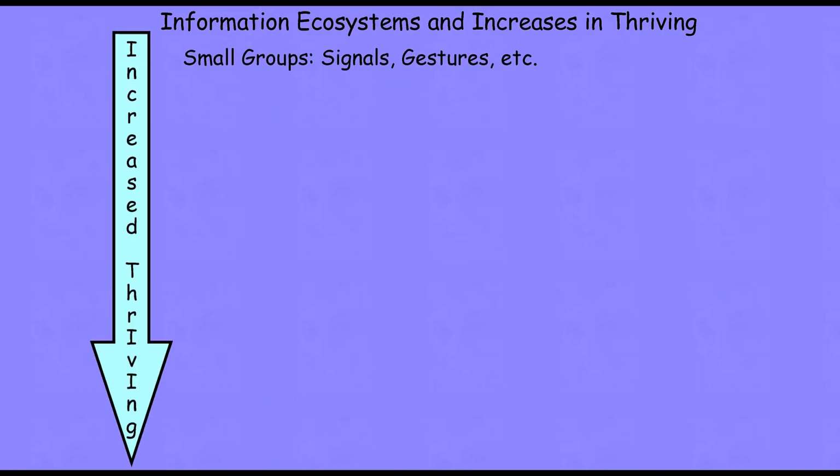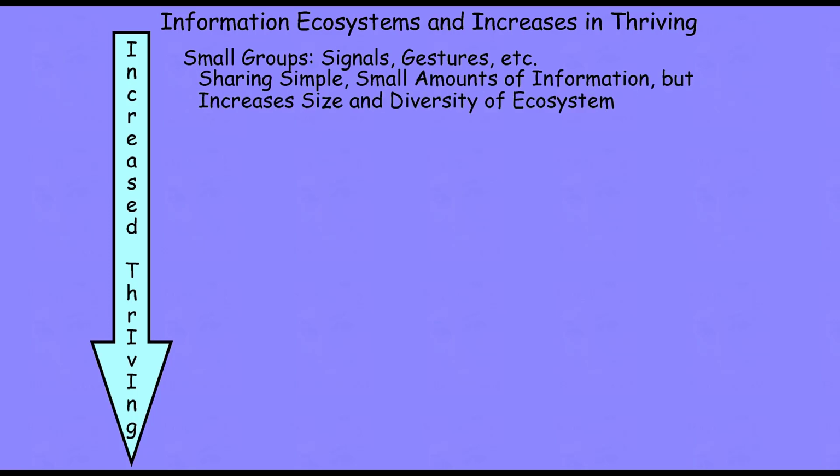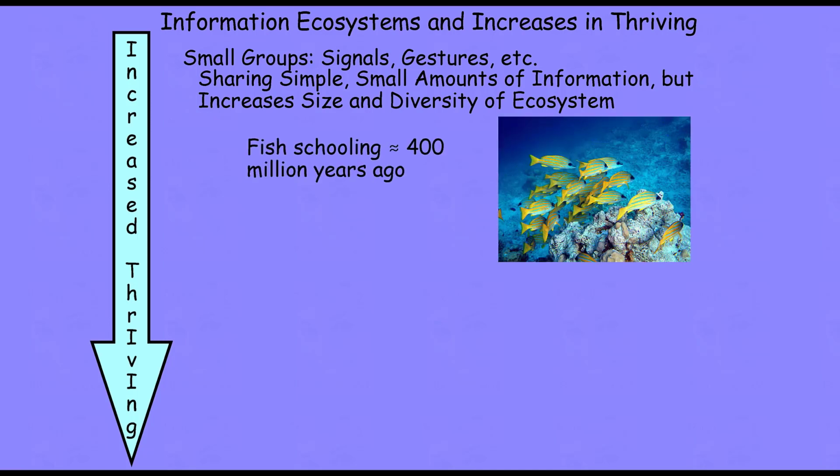The next big step is the sharing of information between individual organisms. And we see the emergence of this about 400 million years ago. The sharing of small, simple amounts of information between individuals in the form of fish schooling and shoaling about 400 million years ago during the Devonian period, or the age of fishes.